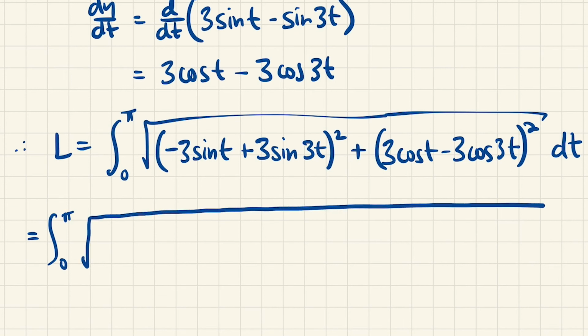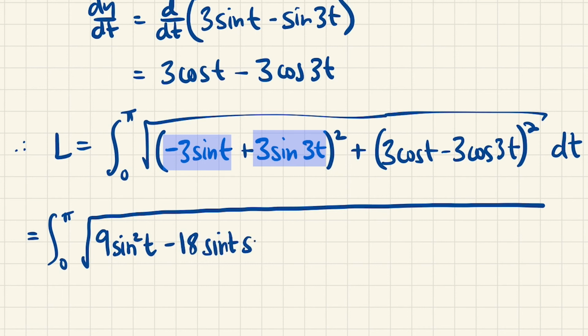All right, we're going to have a FOIL fest here. So the square of this term is 9 sine squared t. And then we're multiplying these two together and doubling. So that's going to be minus 18 sine t sine 3t. And then we are squaring this term.